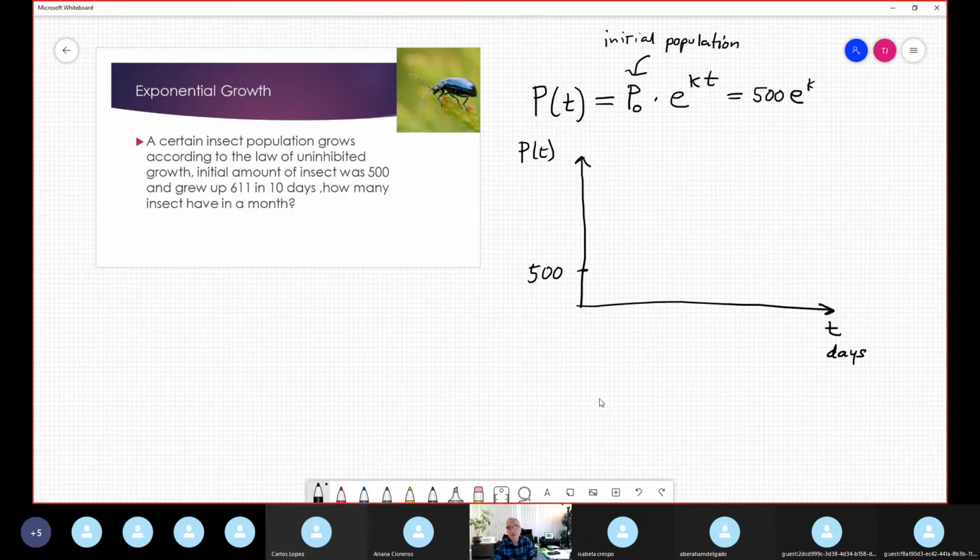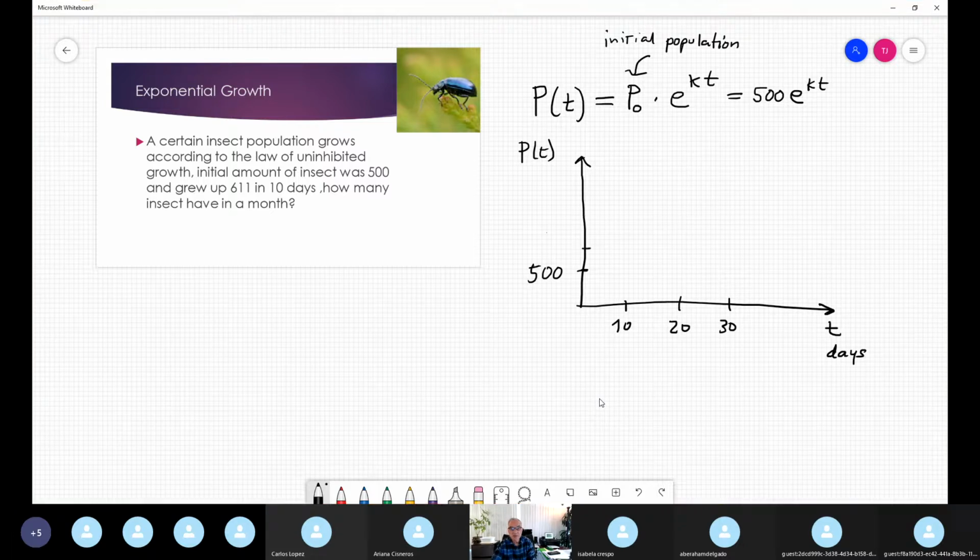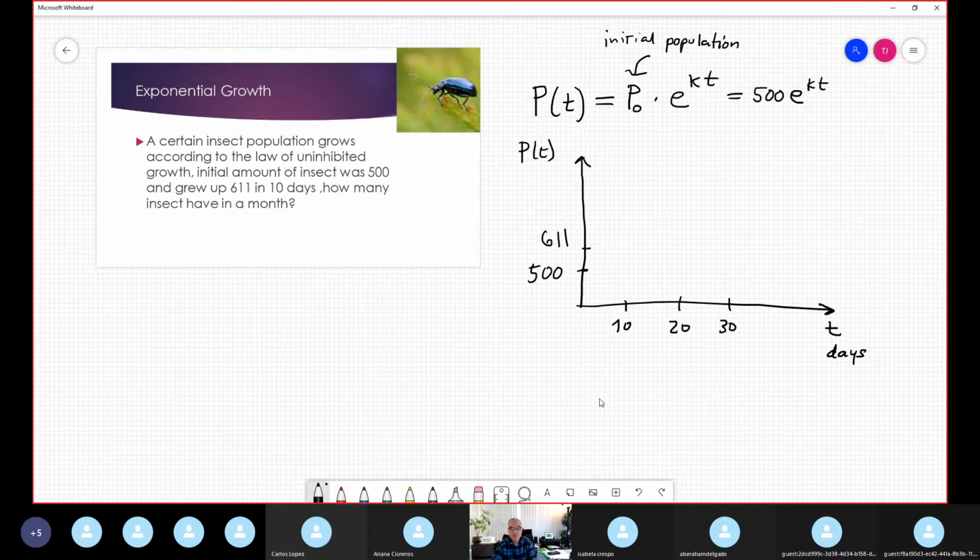e to the kt. Okay. So now, the problem says that in 10 days, this is 20, and this is 30, which is a month, we have 611. Suppose 611 insects. So my exponential is working like that.